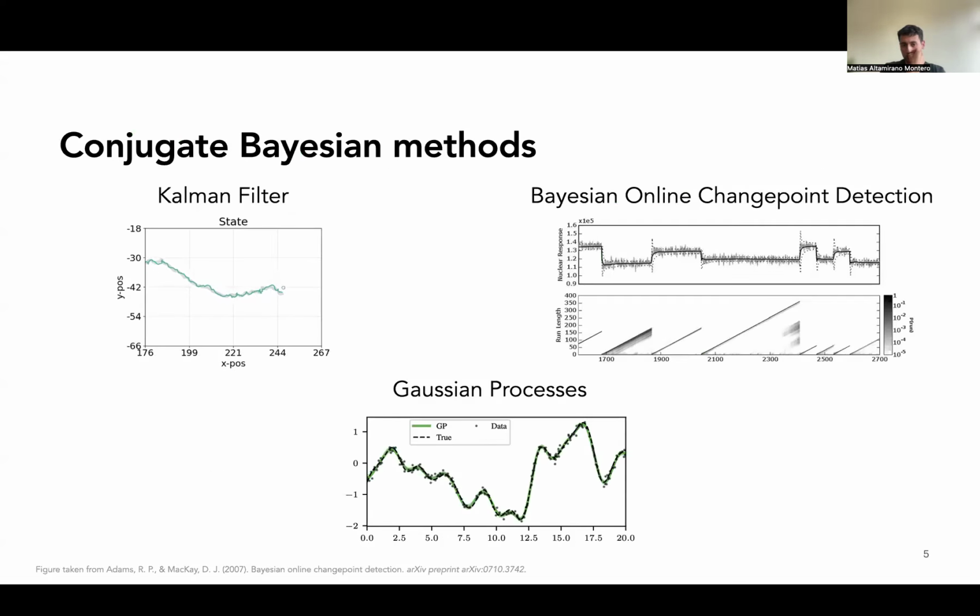What I mean by conjugate Bayesian methods is that there's a huge family of methods that relies a lot on having this posterior available in closed form. Here I have 3 examples, which are the ones I focus on, but there are many more: a Kalman filter, which tracks a path, Bayesian online changepoint detection, and Gaussian processes.